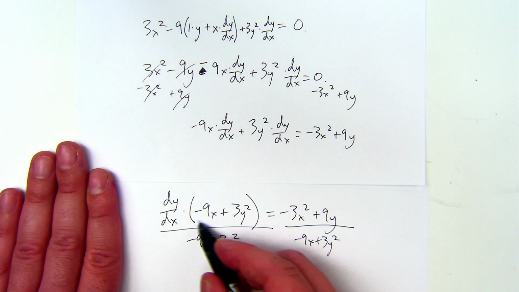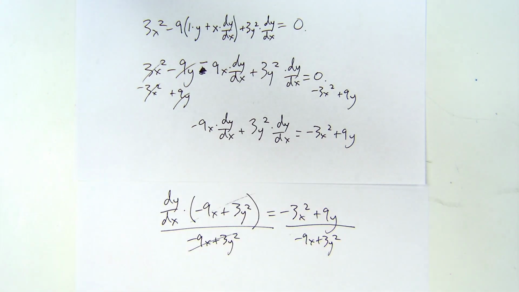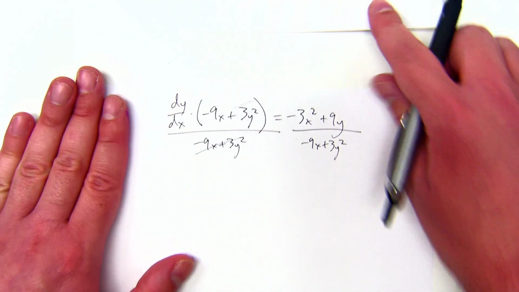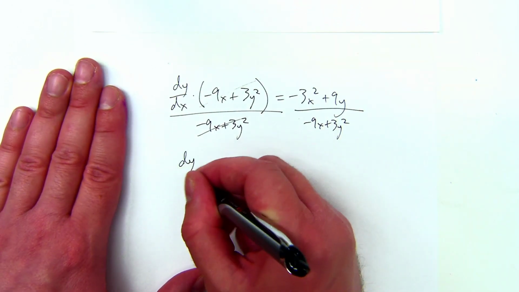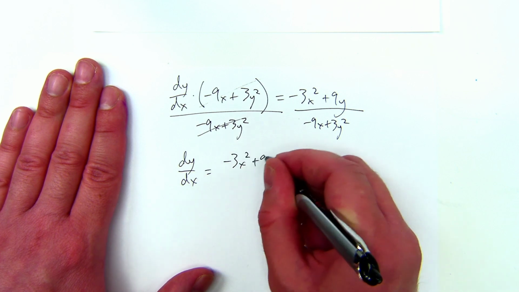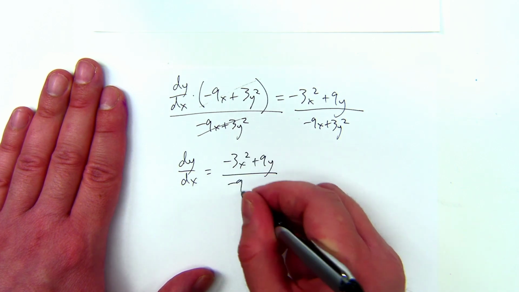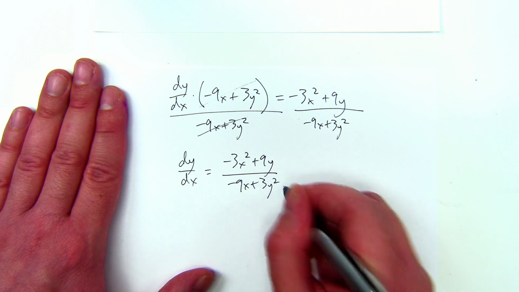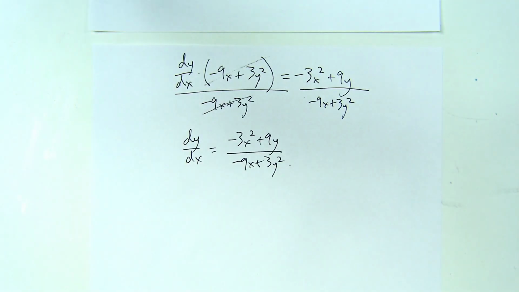On the left, a number divided by itself is 1, and on the right, this is the expression. So what we end up with is dy dx is negative 3x squared plus 9y, over negative 9x plus 3y squared. All right, so dy dx is a function of y and x.